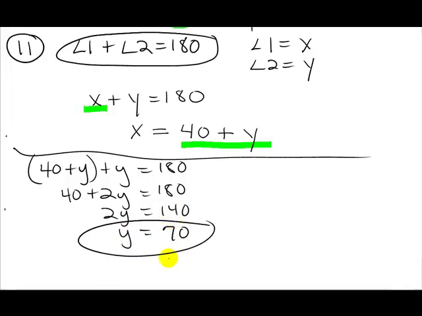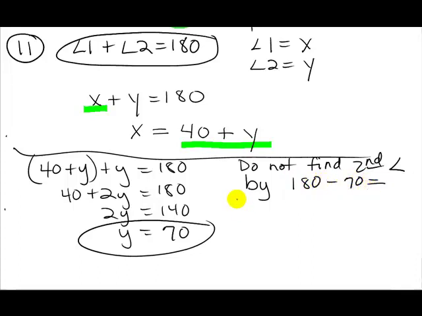Now here is where you've got to be careful, because we know that our x and y's add up to 180, but do not find the second angle by doing 180 minus 70 equals. If you've made a mistake in this work, this will not show it to you.